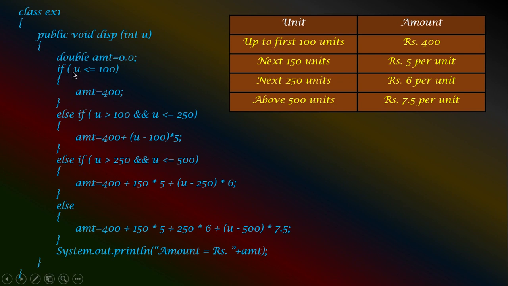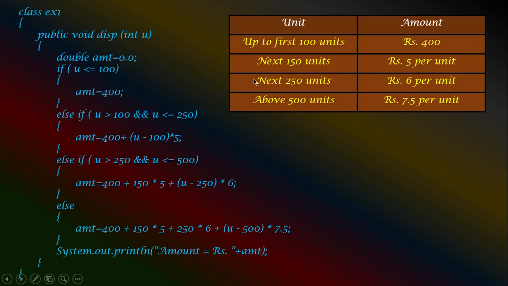So that's why it is told here, if my unit consumption is less than equals to 100, then my amount will be 400.